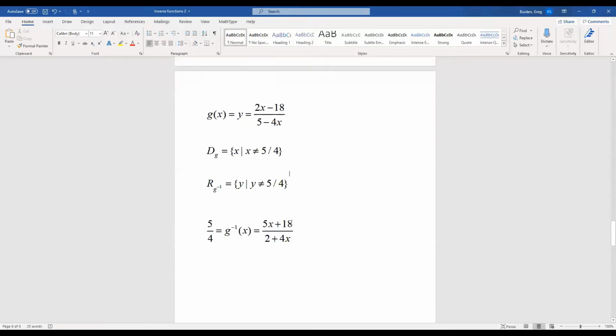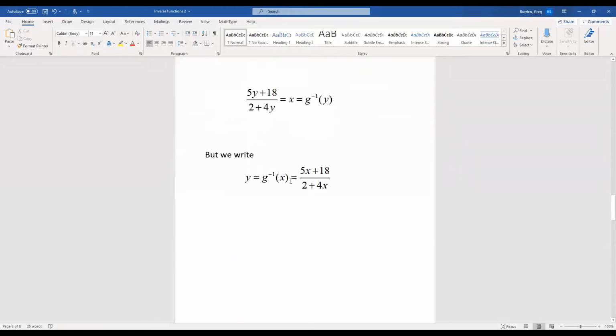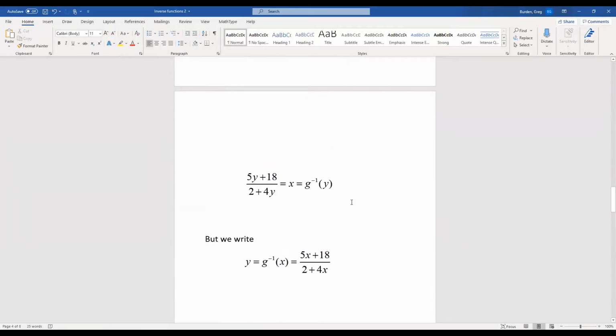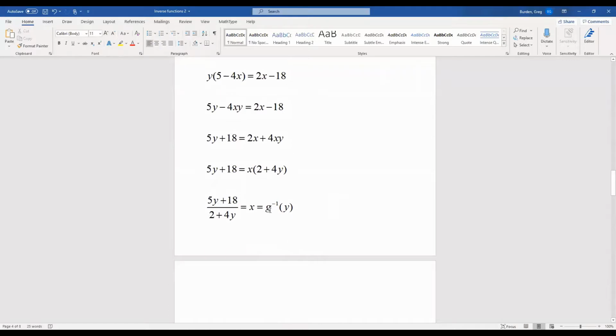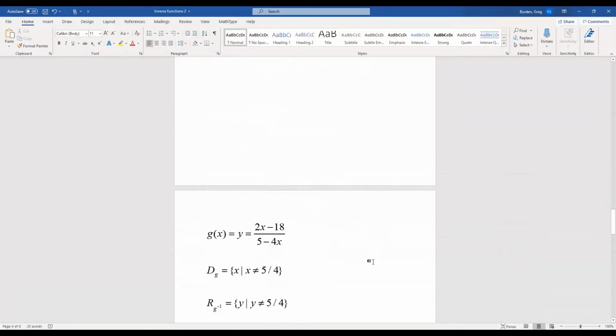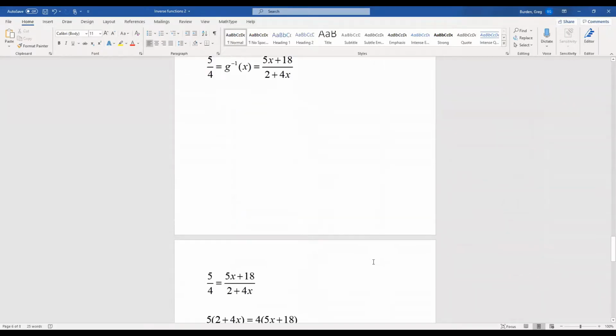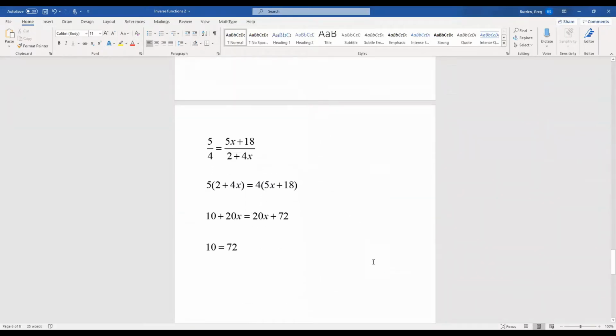5/4 equals (5X plus 18) over (2 plus 4X). Remember, this was the inverse function that we have back up here, (5X plus 18) over (2 plus 4X). That was solved for back here. Okay, so doing the algebra here, make sure I copied everything correctly.